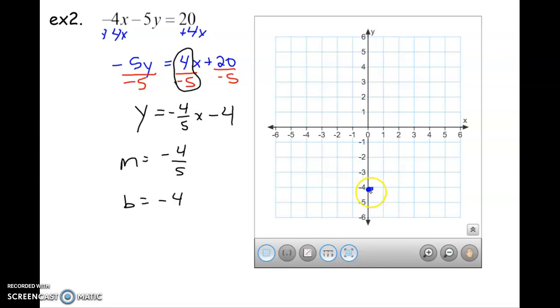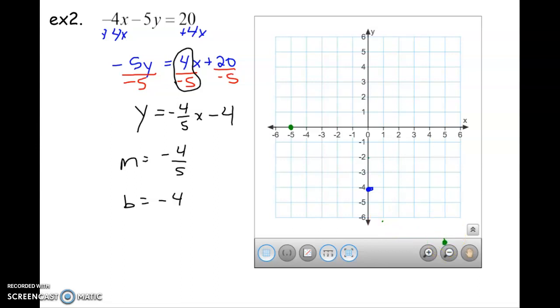This one's kind of tricky because if I go down 4 and right 5, it kind of goes off the graph. So instead of figuring out where that point would be down here, think about where it would be up here. So down 4 and right 5, we could go up 4 and left 5. So it'll be somewhere like that.